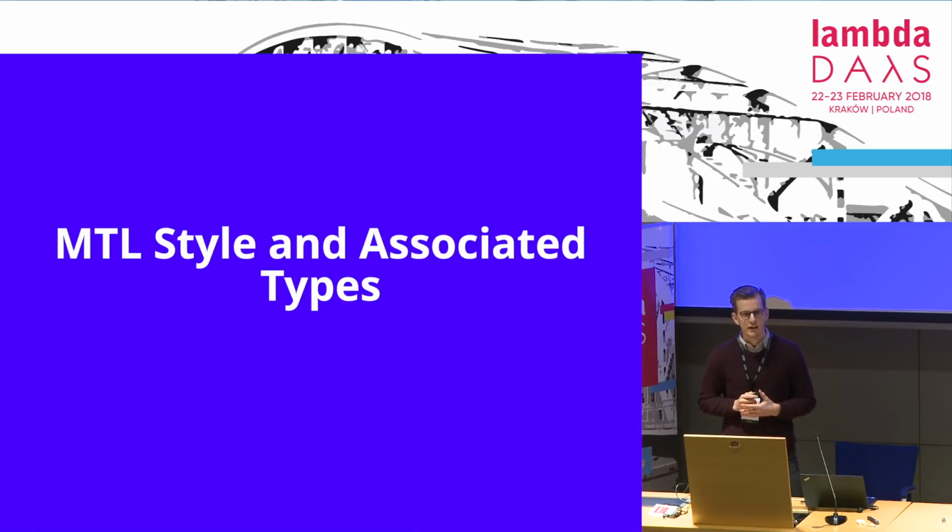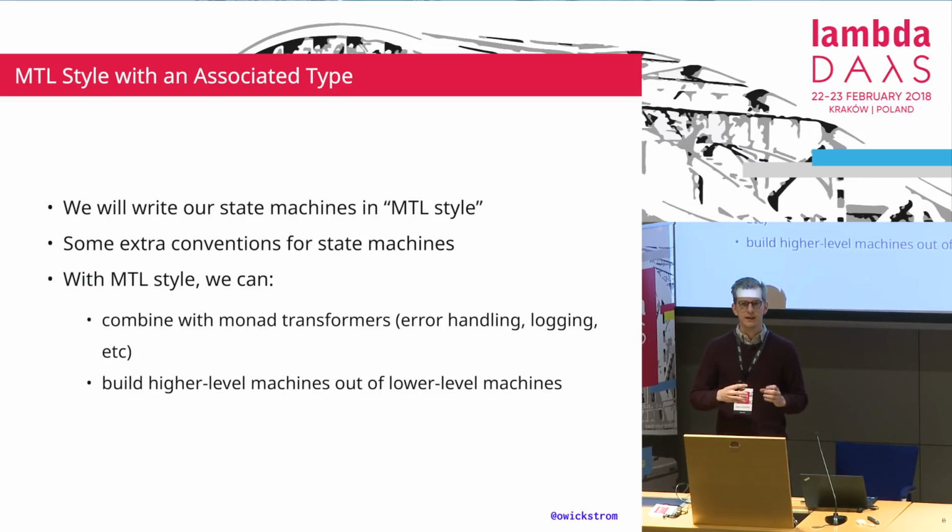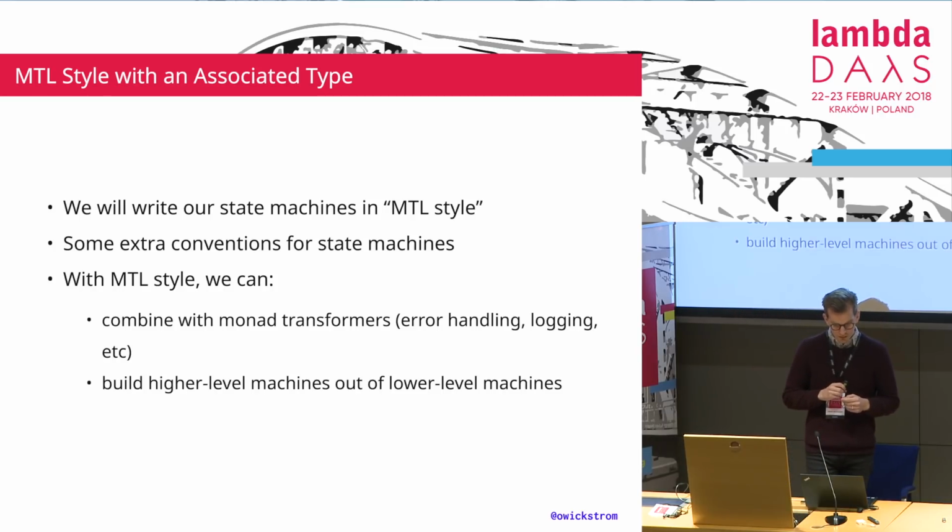Now we'll go into the style, which is known as MTL style, but we've extended it. We will extend it with some other things. So we will use associated types also. Basically, we will start at MTL style, and then we will have some conventions for state machines.